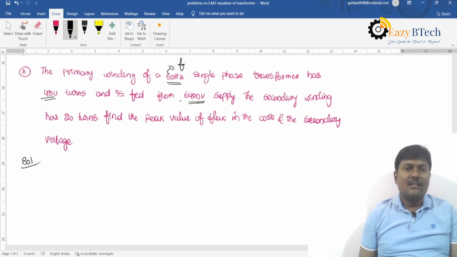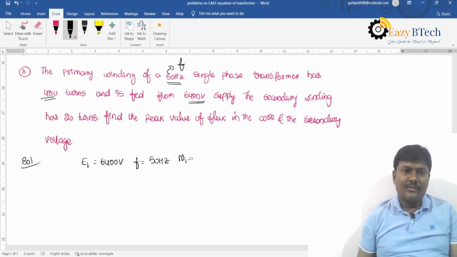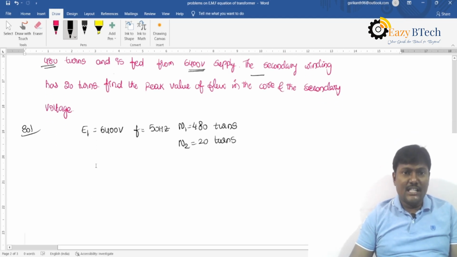That means 6400 volts we are giving as an input, meaning the induced EMF is 6400 volts, the frequency is 50 hertz, and the number of turns is 480. The secondary winding N2 has 20 turns; N1 has 480 and N2 has 20 turns. Find the peak value of flux in the core.